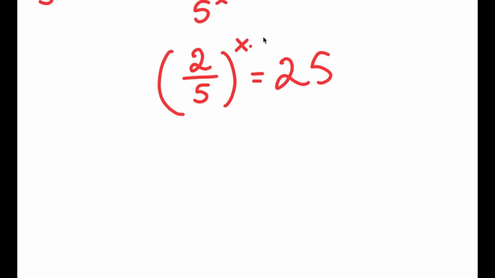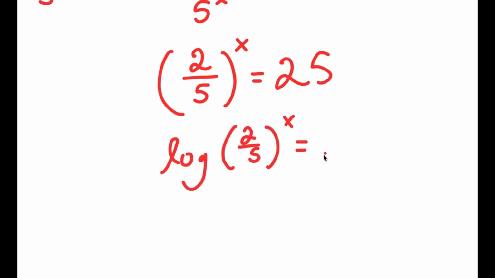Now from here, if we want to solve for the value of x, we're going to have to make it a real variable instead of an exponent. And to do that, I'm going to take the log on both sides. So I have log of 2 over 5 to the power of x is equal to log 25.